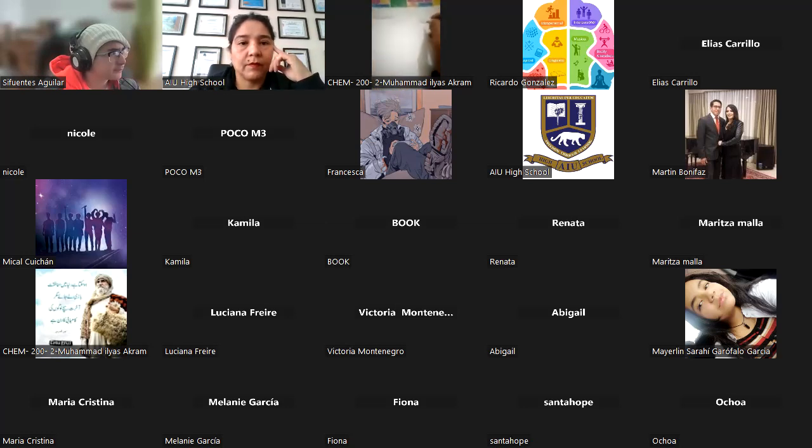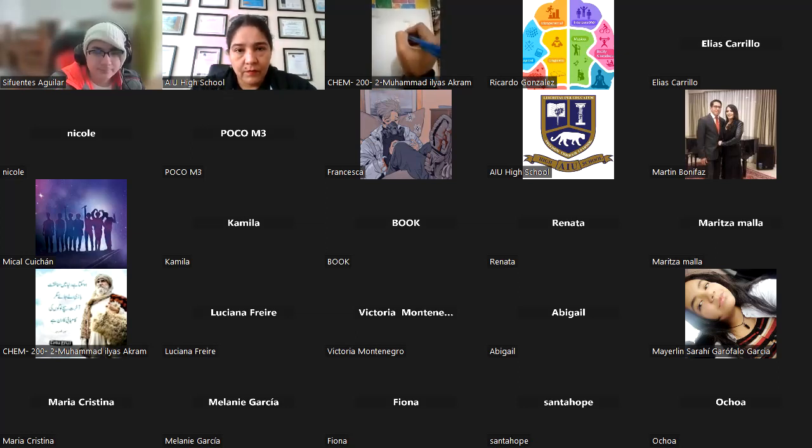The shape of a plant may be round or maybe wrinkled. This is a wrinkled shape, and this is a round shape. He represented the round shape with capital R and the wrinkled with small r.